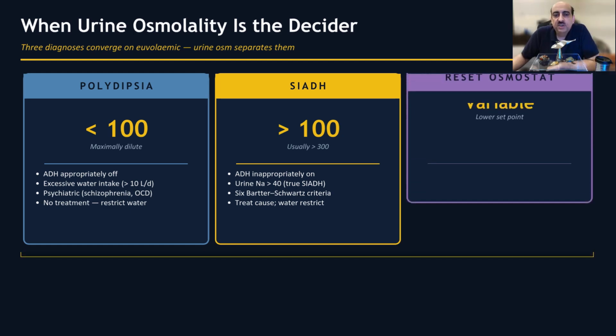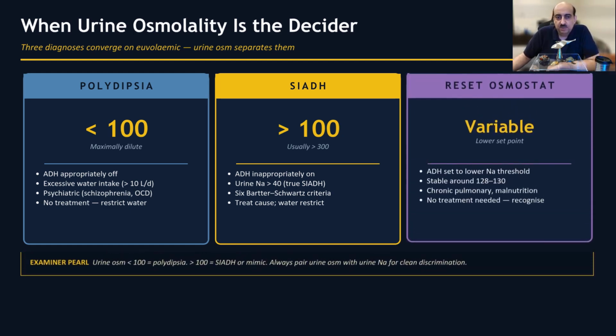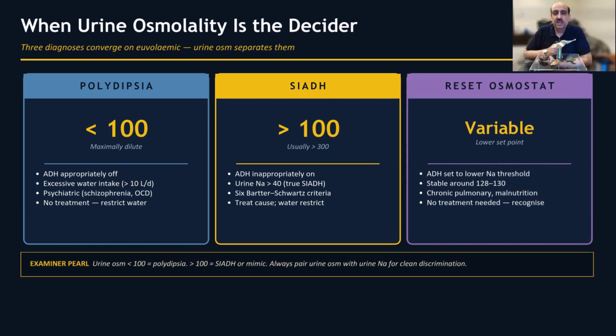The third one is reset osmostat. It's a variable urine osmolality. ADH is set to a lower threshold because of the patient being in chronic hyponatremia, and the body tries to adjust for the lower threshold so that there aren't extreme fluctuations in the ADH release and the sodium. And usually patients have chronic stable hyponatremias of 128, 130, 131.